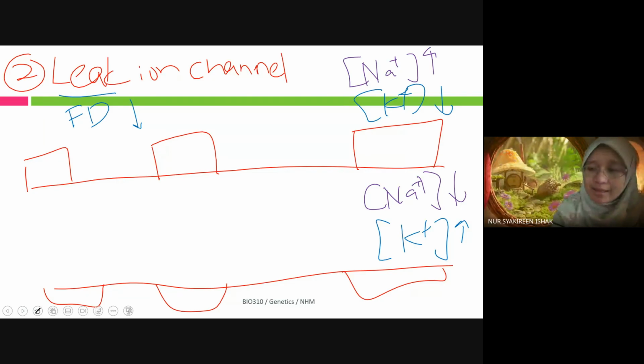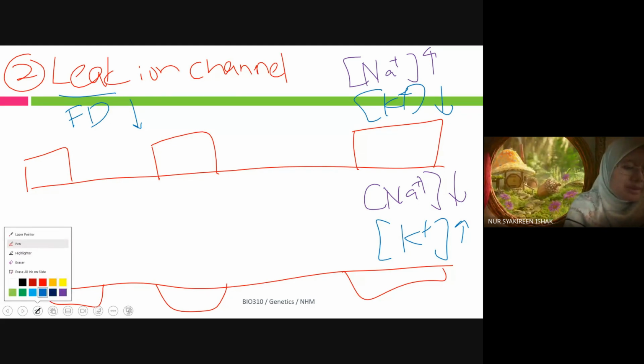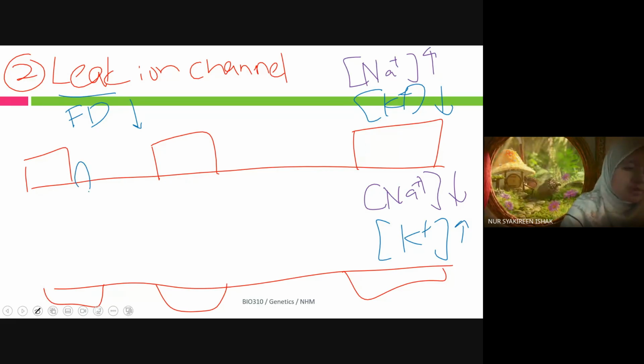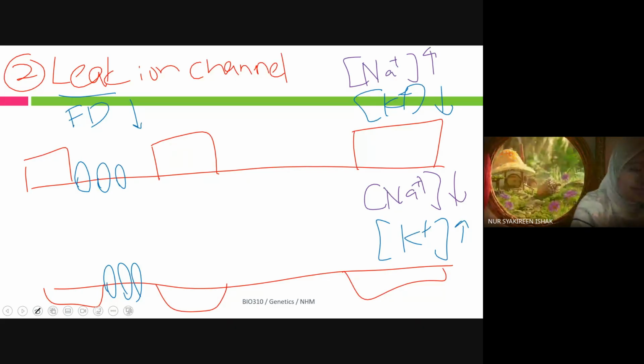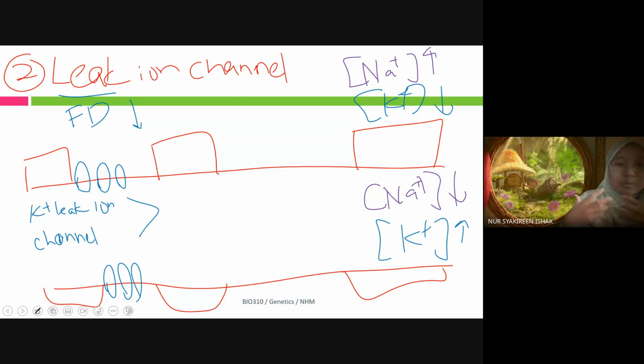Okay, dekat dalam membrane of axon ni kan, there will be the leak ion channel. Saya guna yang warna biru lah untuk potassium. Okay, potassium leak ion channel kan, the potassium leak ion channel will be more compared to the sodium leak ion channel.